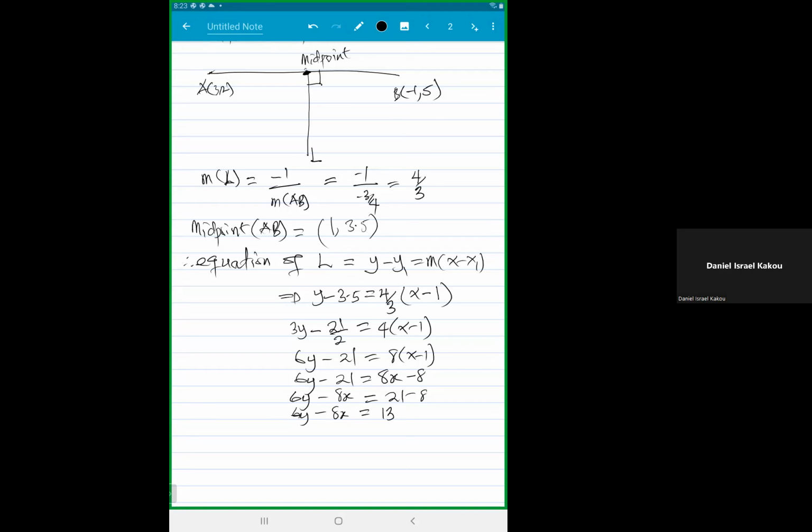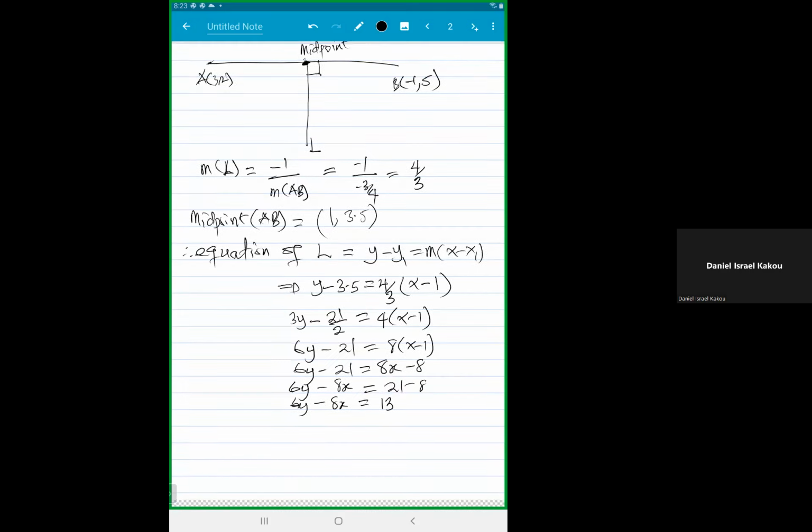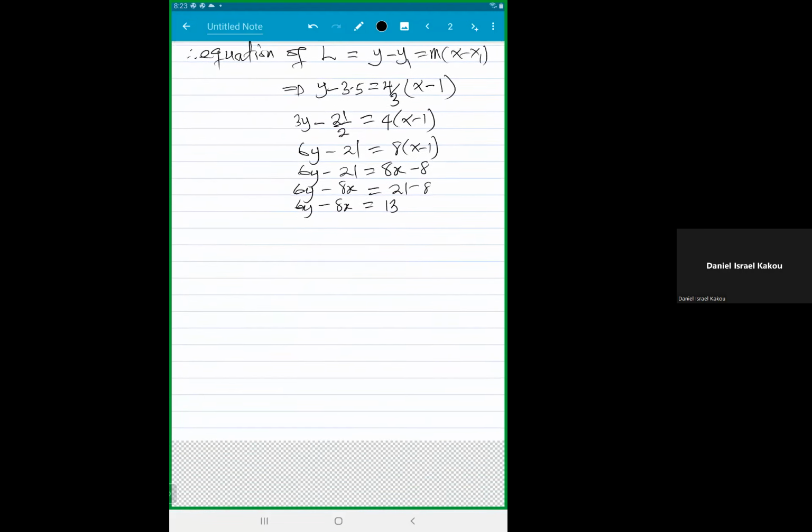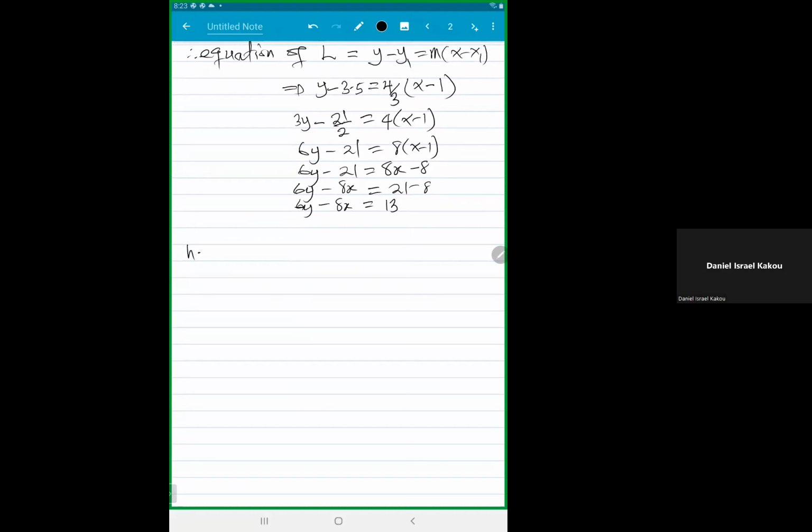And the final question is, find the perpendicular distance from S to AB. The H question was, find the perpendicular distance from S, a point which is 2, 6, to AB.